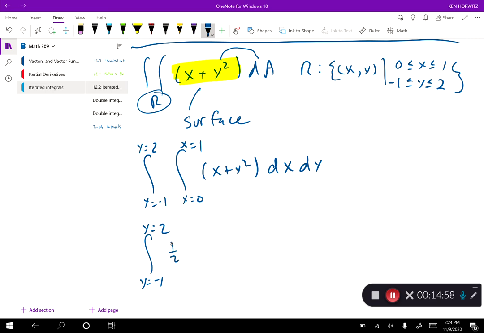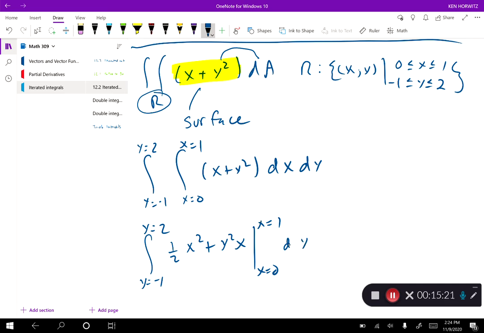So I have 1/2 x squared. Now y squared is a constant. So when I integrate y squared, it's going to be y squared times x between x equals 0 and x equals 1. And I have my dy on the outside.